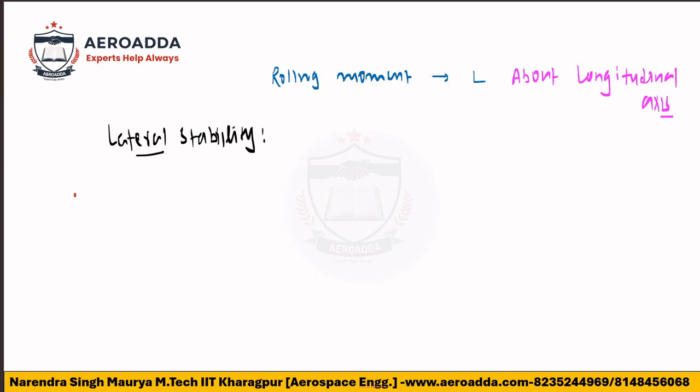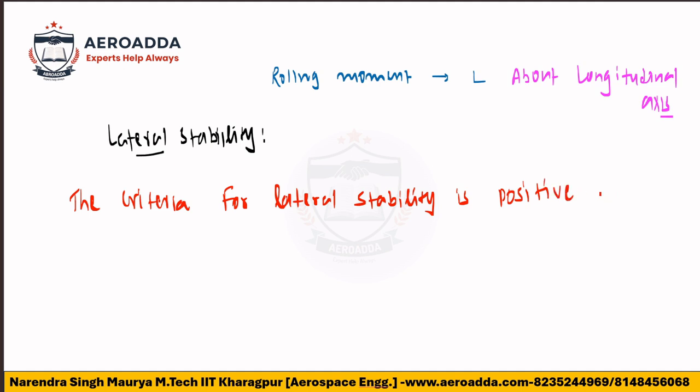Take it: the criteria for lateral stability is, positive roll should result in negative rolling.